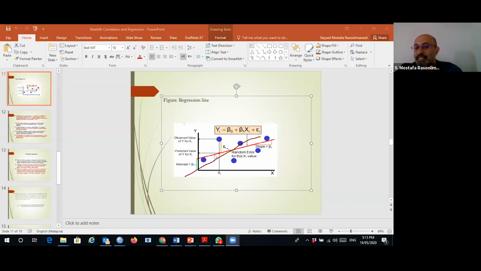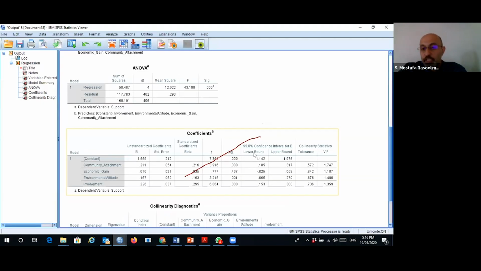So this is the value of standardized beta calculated based on the line that crosses 0, and this is calculated based on the standardized values of X and Y, the independent variable and the dependent variable.